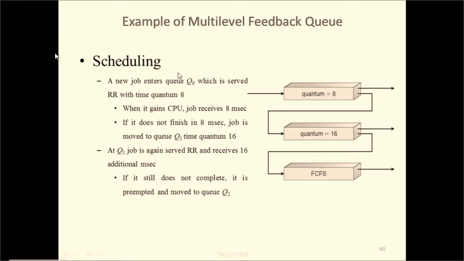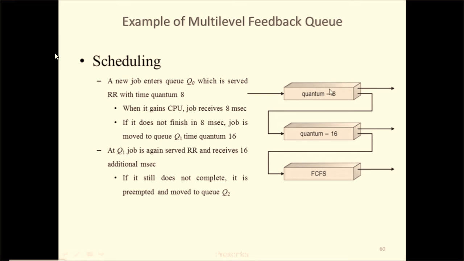Now how exactly does the scheduling occur? A process always enters Q0, with time quantum 8. A new job enters Q0, which is served RR with time quantum 8. Every new process enters in this.